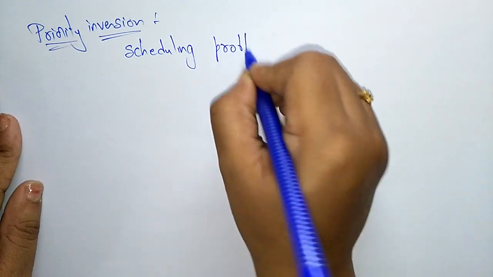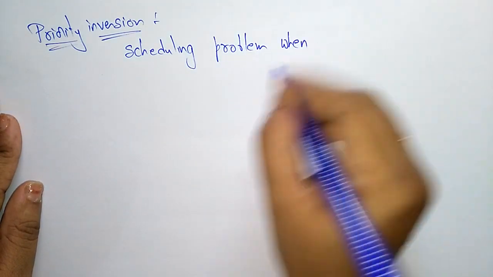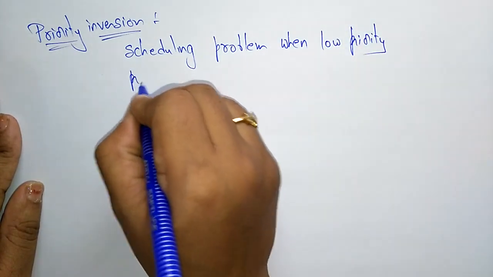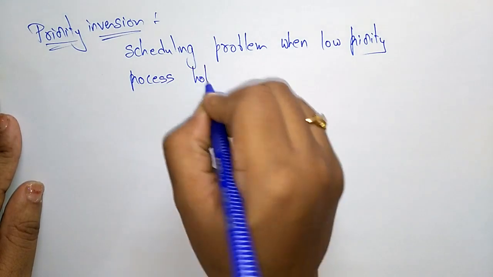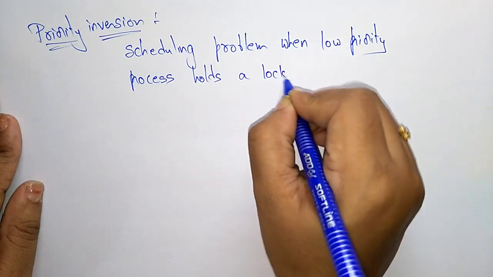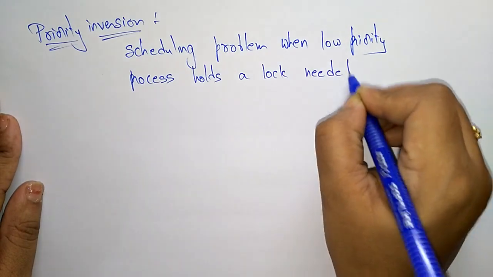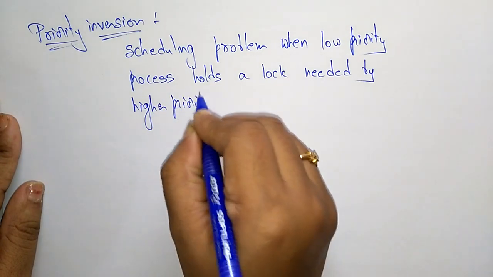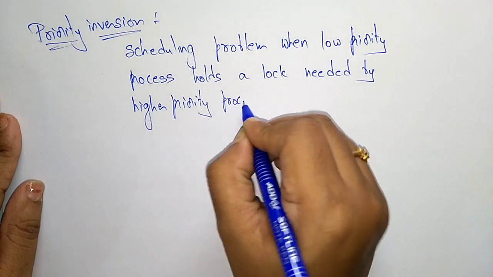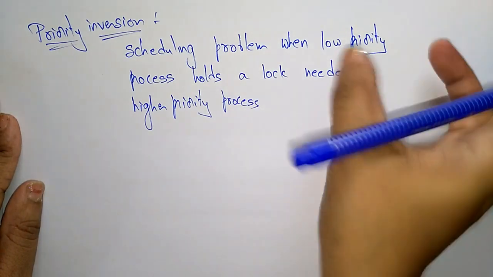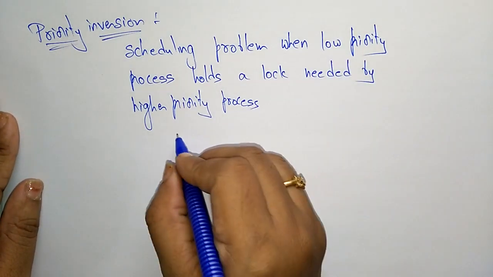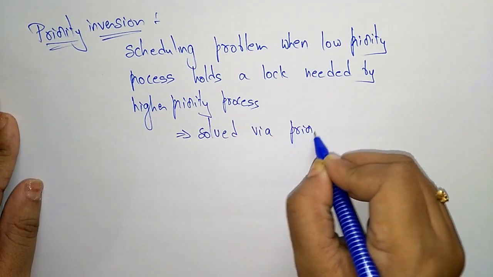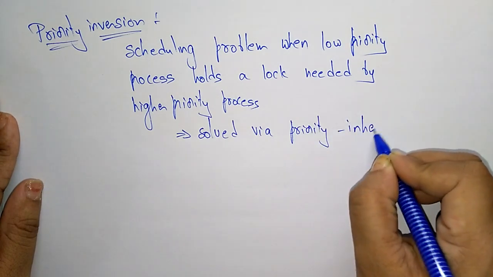It occurs when a low priority process holds a lock needed by a higher priority process. So the higher priority process will need some lock, but that lock is held by the low priority process. Okay, so this can be solved via the priority inheritance protocol.